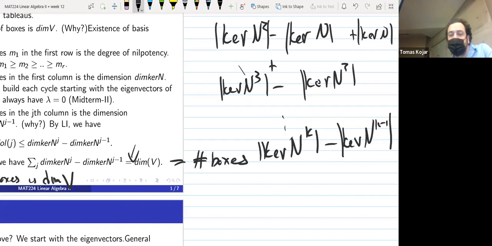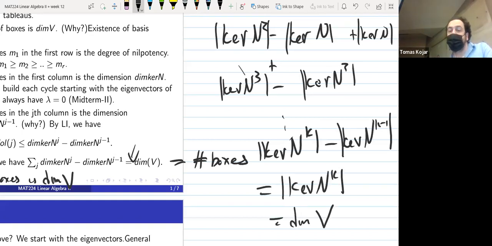This is a telescoping sum, so this is equal to dim kernel of N^k, but this is dim V because k is the nilpotency. So that's how you get star.